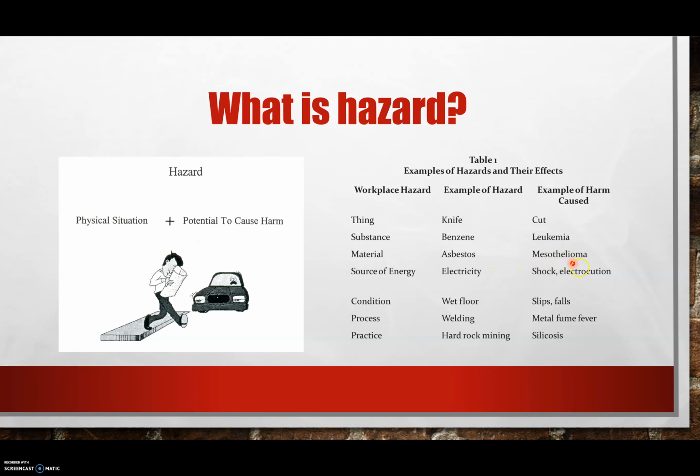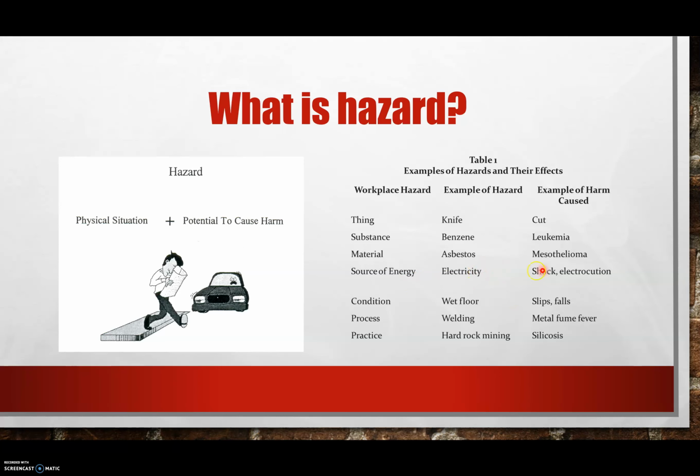What is the example of harm that can be caused? Electricity can cause shock, electrocution. But how? If you know electricity is your hazard, you know that you can prevent this accident from happening. How and why are the questions that you need to ask to prevent it.